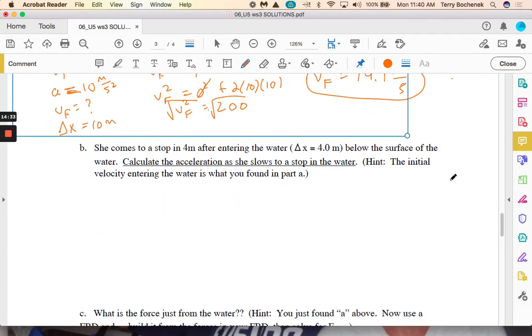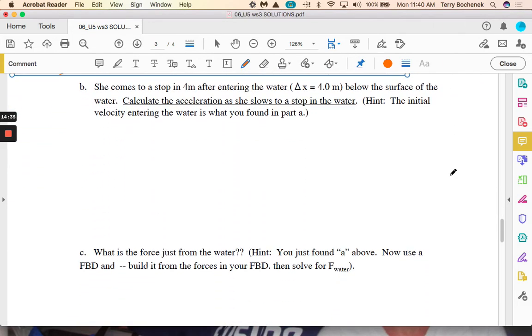So now we change gears and we are hitting the water, slowing down in the water. If the water level is here, we're going to come to rest somewhere down here, and it says that distance is now 4 meters below the surface. We want to know what our rate of acceleration is as we go through that.